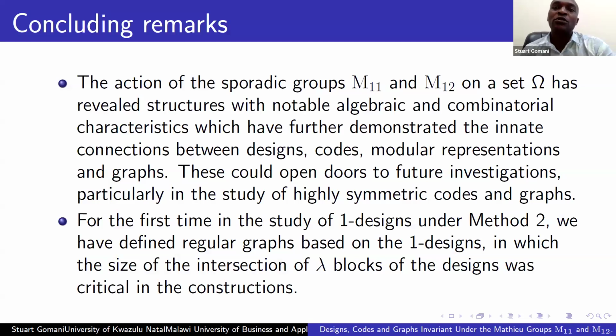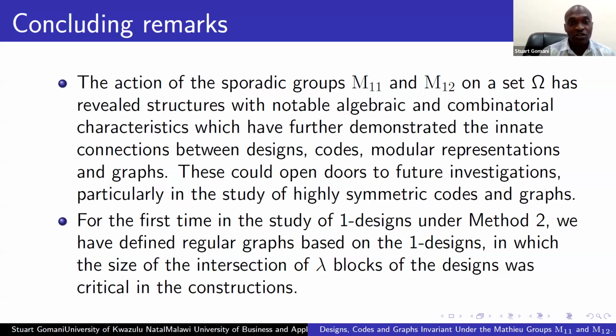So what we have seen from the action of M11 and M12 on some set omega, and the set we choose to be the set of conjugates of the maximal subgroup of the group, is that this action has revealed structures that have very interesting algebraic and combinatorial characteristics, which we have demonstrated, again, the natural connections between designs, codes, and graphs.